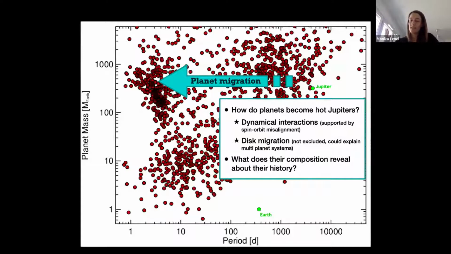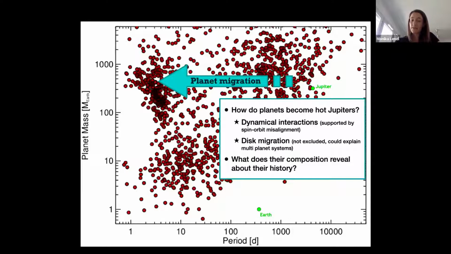There are two mechanisms that both appear to be plausible to be responsible at least for some of the observed systems each: either dynamical interactions, simply multi-body dynamical interactions that make a planet reach a very elliptic orbit that then gets circularized and reaches small circular orbital distances.